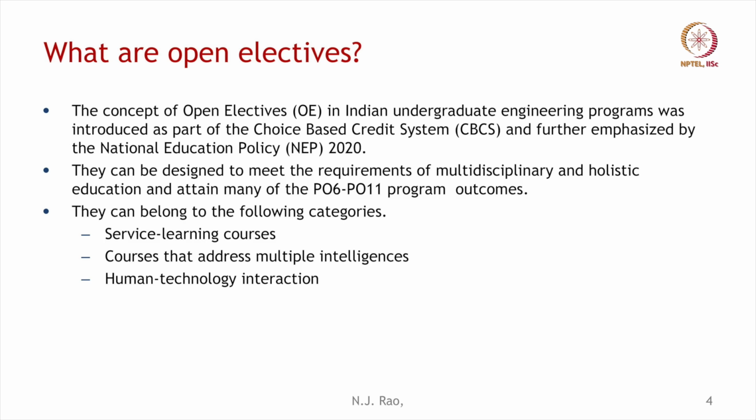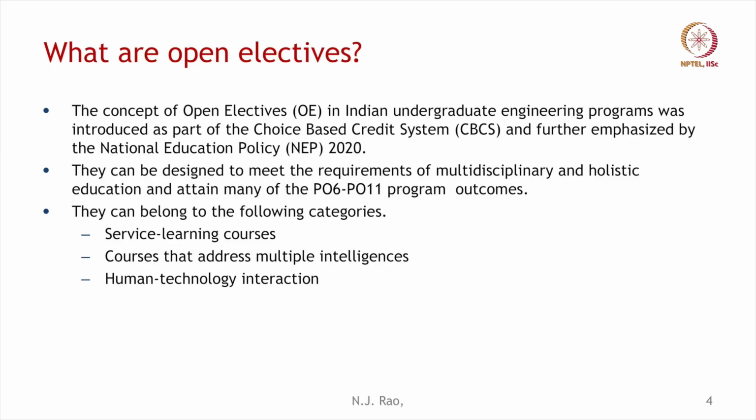Whereas we can look at not only that kind of courses, but at another three categories of courses. One is called service learning course. The other one is courses that address multiple intelligences. And the third one is human technology interaction.